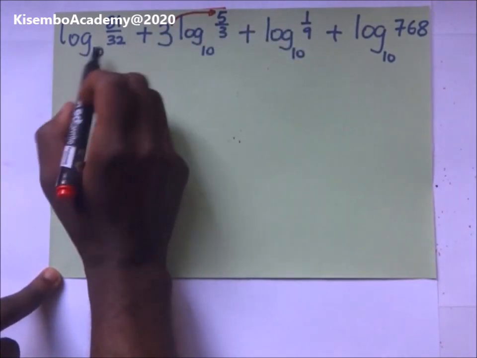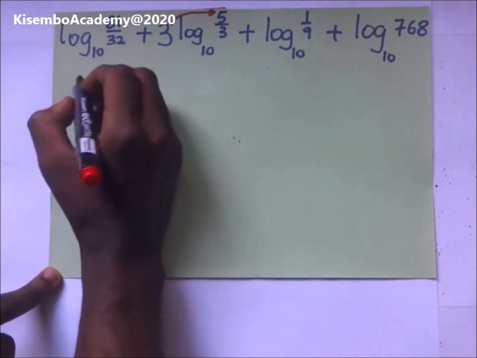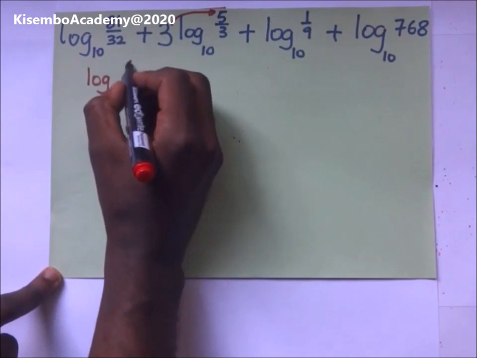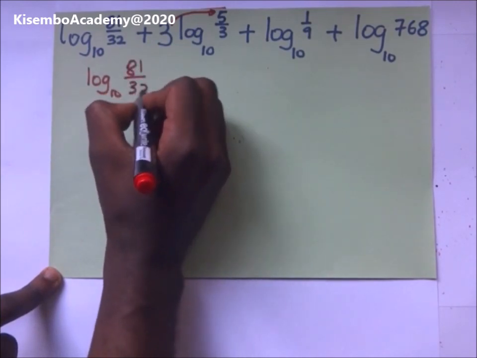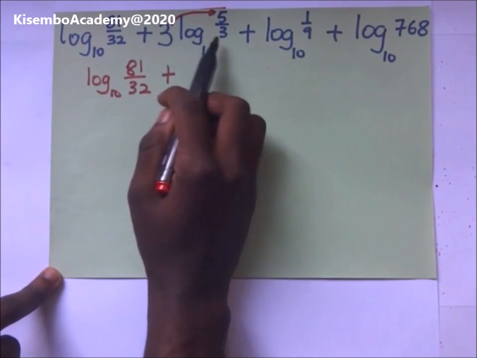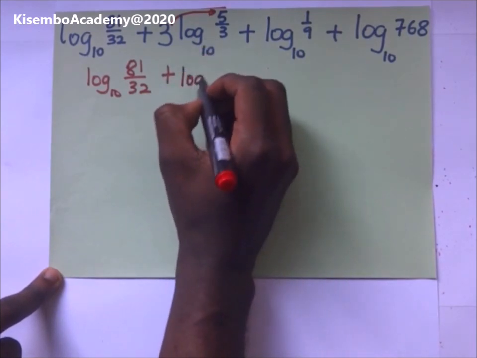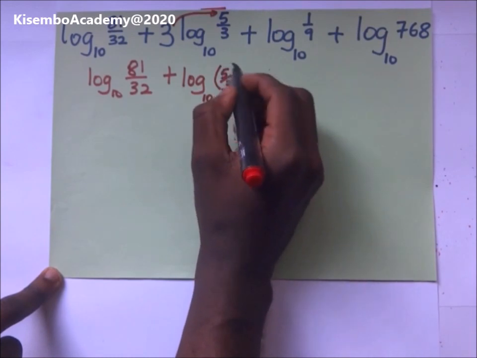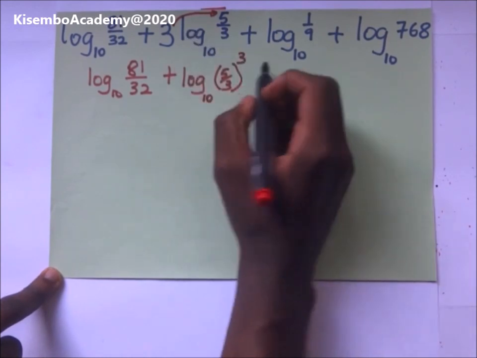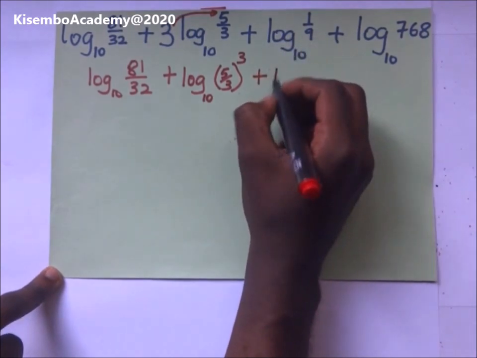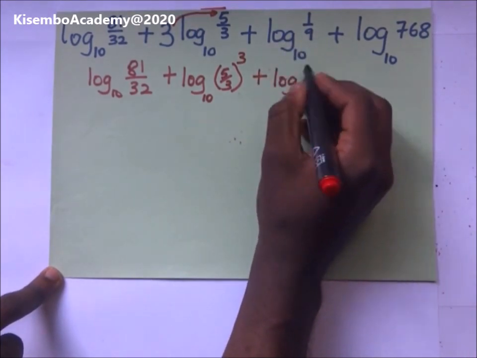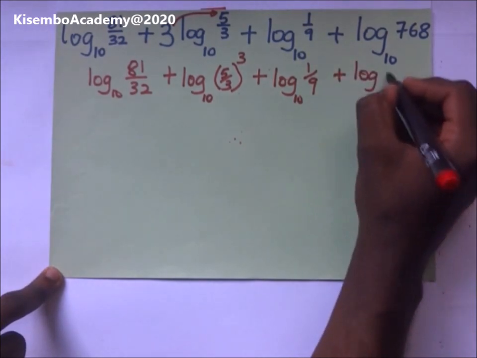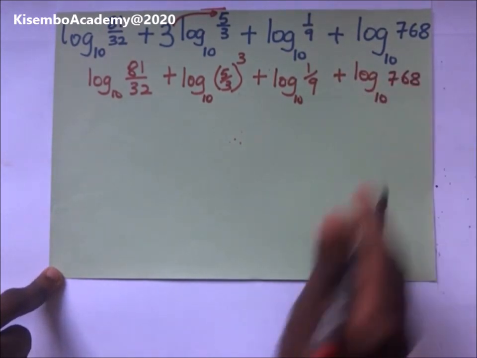So our next step here will be the log base 10 of 81 over 32, plus log to base 10 of 5 over 3 to the power 3, plus log to base 10 of 1 over 9, plus log to base 10 of 768.